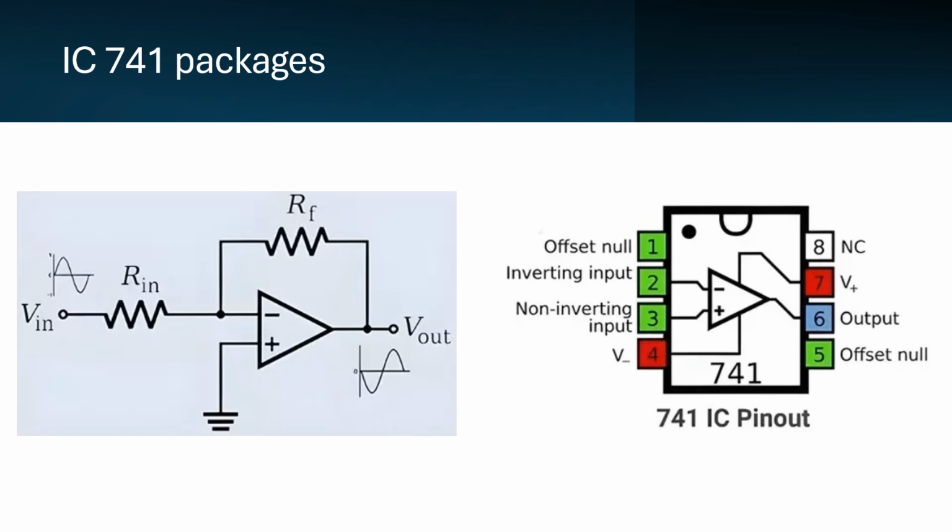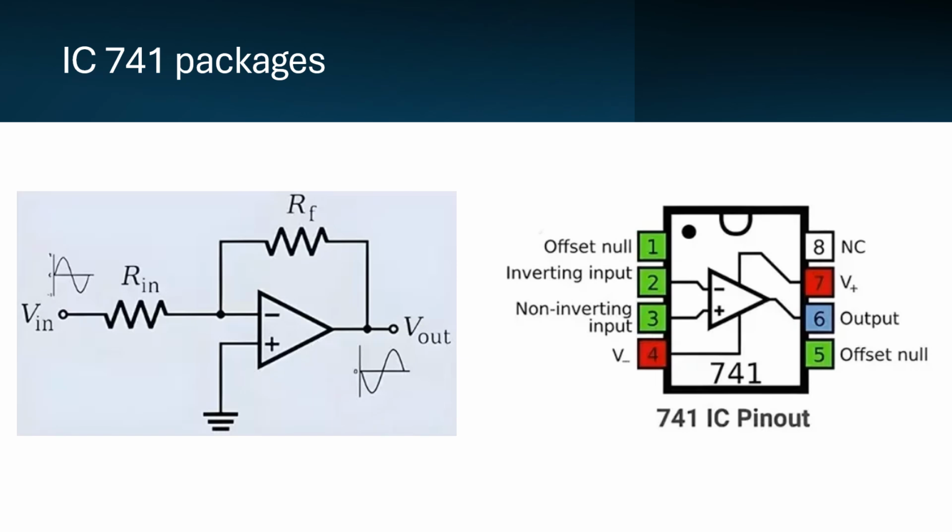So this is the IC741 package. Here you can see the IC741 contains 8 pins. Pin numbers 2 and 3 are used to provide the input signal, and pin number 6 is used to collect the output signal, that is the amplified signal.